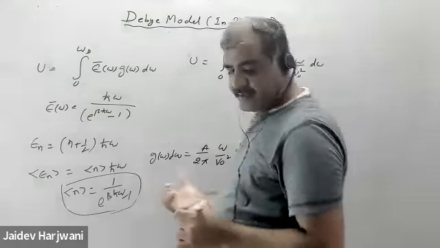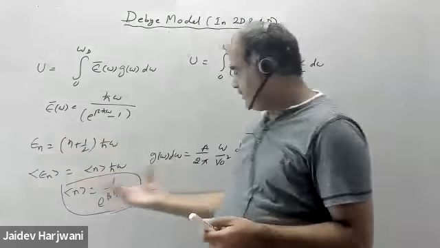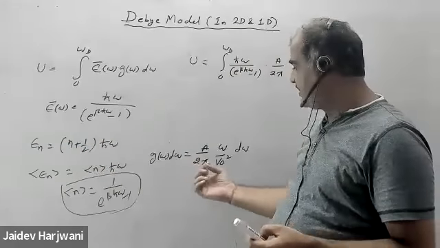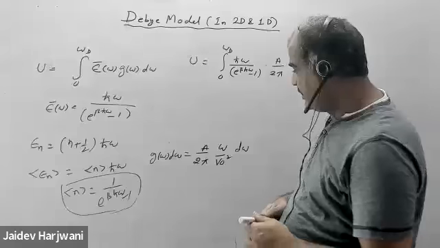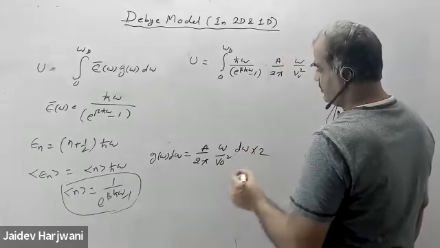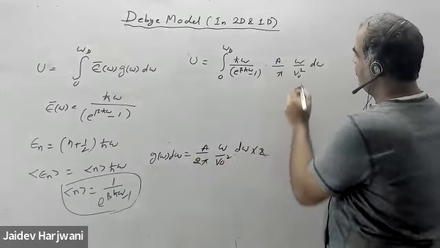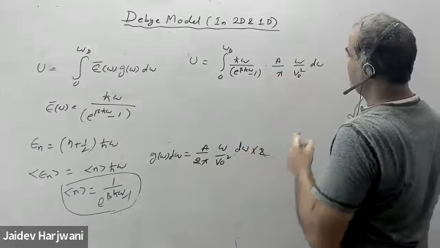Now it is 2D, where we have two branches. But here we have not mentioned these two branches; for every k we have 2 values of ω, so we have to multiply this expression by 2 also. So the 2 will cancel, and we have only A/π times ω/ω₀² dω.